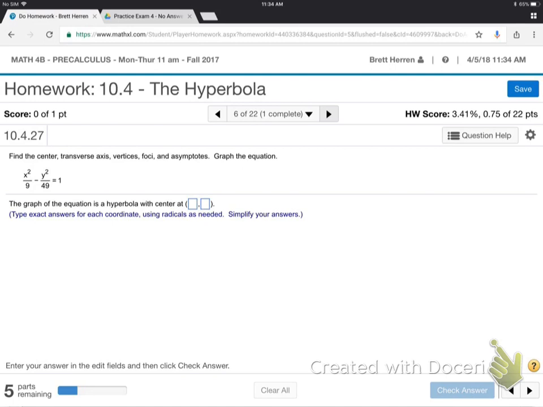What's the center of this one? 0, 0, right? Because there's no number added or subtracted next to x or y. Center is 0, 0.